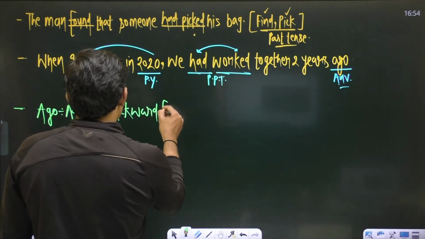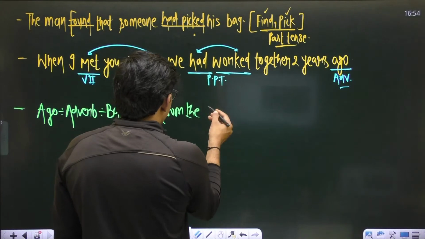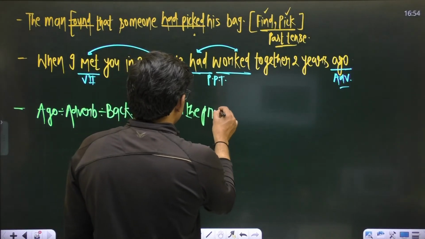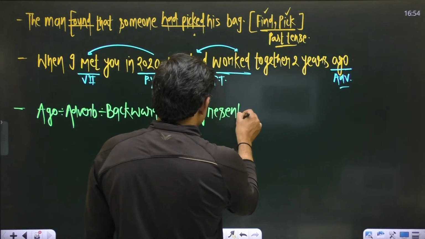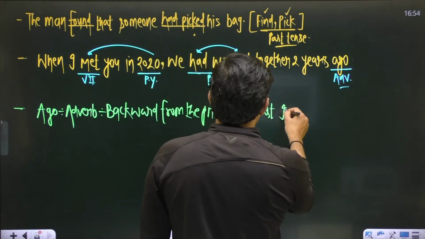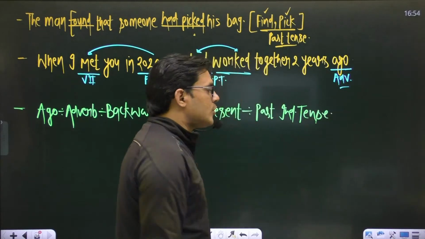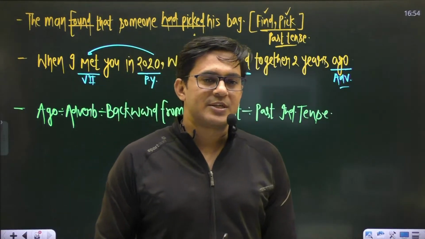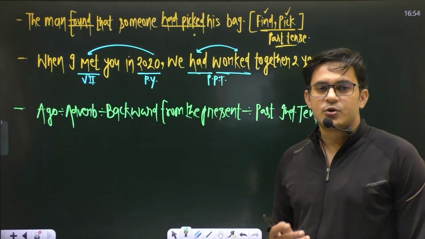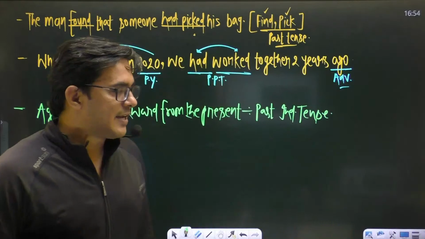We are talking about backward from the present, so ago always demands past indefinite tense.